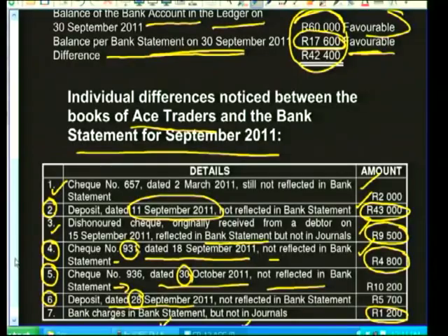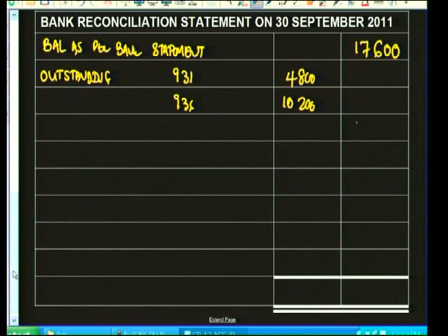Okay, so that one's been dealt with. I'm left with this one here, an outstanding deposit of 5,700. Therefore, you all know that any outstanding deposit, credit outstanding deposit, 5,700. This is my outstanding deposit.